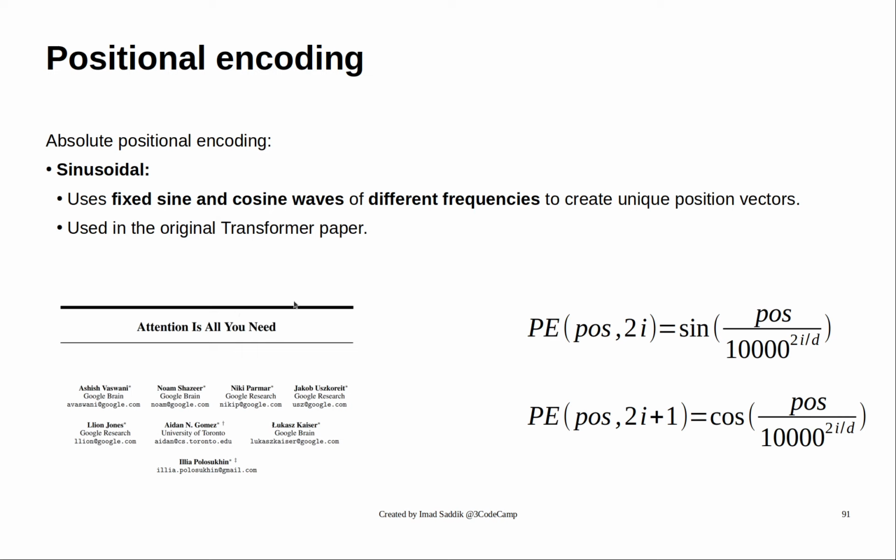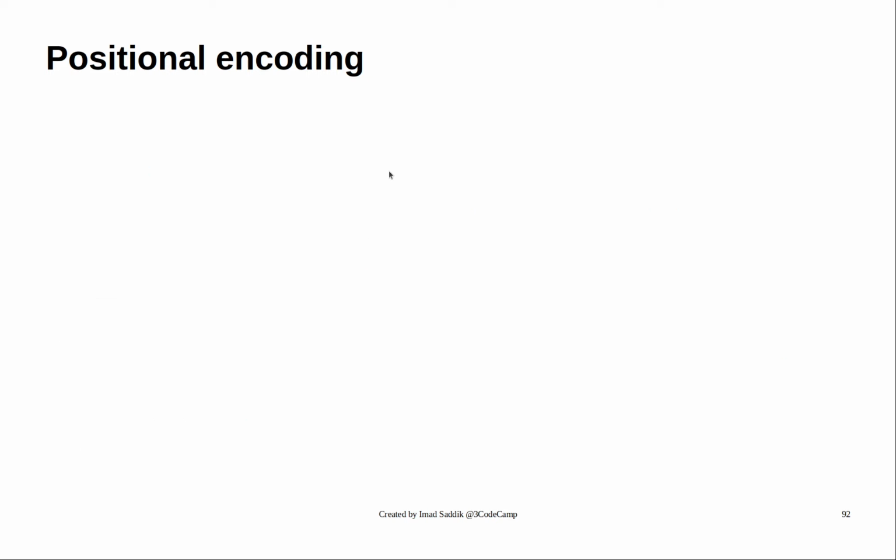Because it is formula-based, we don't need to learn anything. And we can handle inputs longer than what the model saw during training. Because we have just two formulas and we can just pass the values and we will get the positional encoding for that specific position. Here is how this method works.